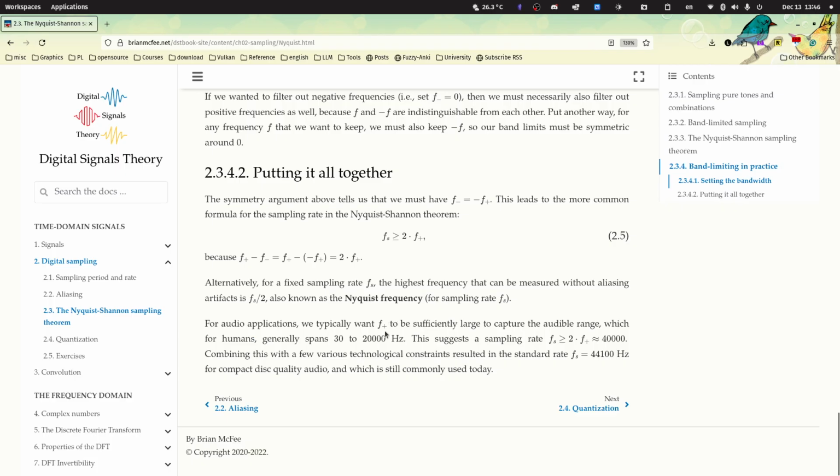So if we have a sampling rate larger than 2 times this, which is 40,000 hertz, then combining this with some other technical constraints results in the standard rate of this, which is still commonly used. For a lot of audio files, you can still find that they have this sampling frequency.